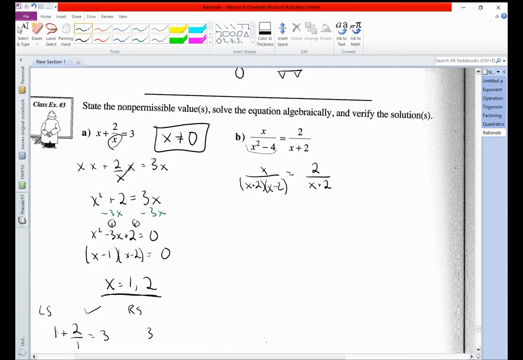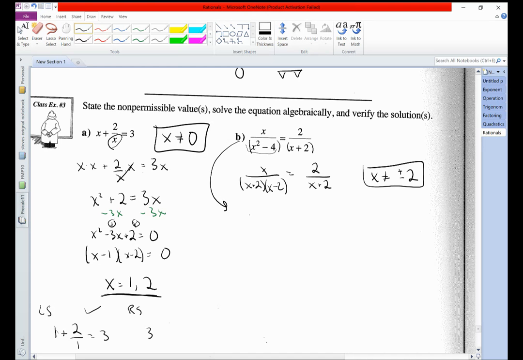So my non-permissible values are going to be x cannot be plus or minus 2. And now I'm going to actually use the original equation, and I'm going to multiply x by this x plus 2 and 2 by this x squared minus 4, just because it's a little simpler.